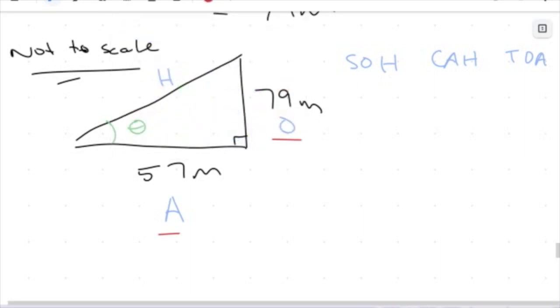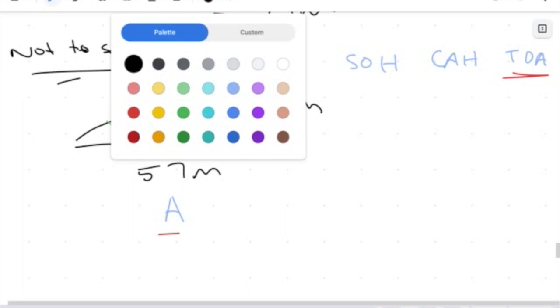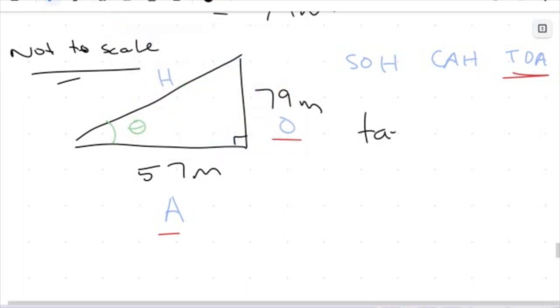So I have opposite and adjacent here, so I'm going to use tan. So I have tan of my angle theta equals opposite over adjacent. So 79 over 57.